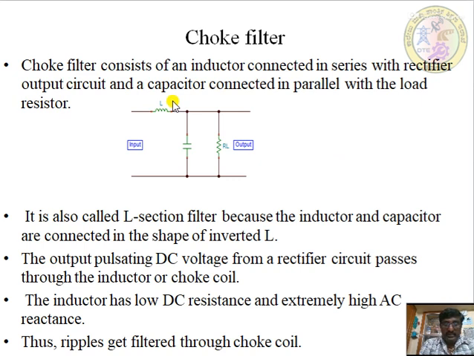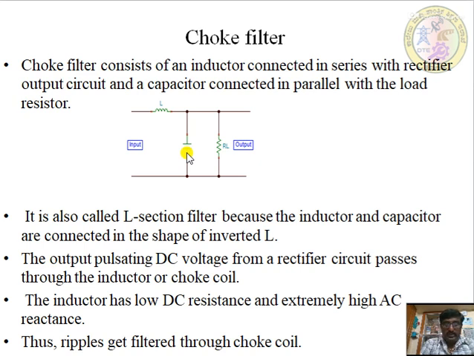It is also called an L section filter because the inductor and capacitor are connected in the shape of an inverted L, so it is known as the L section filter.